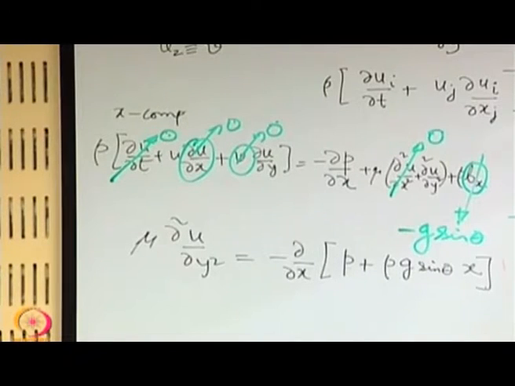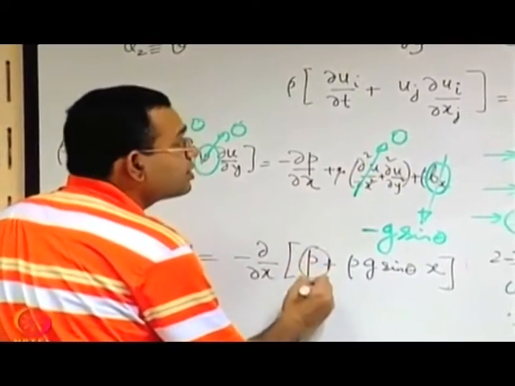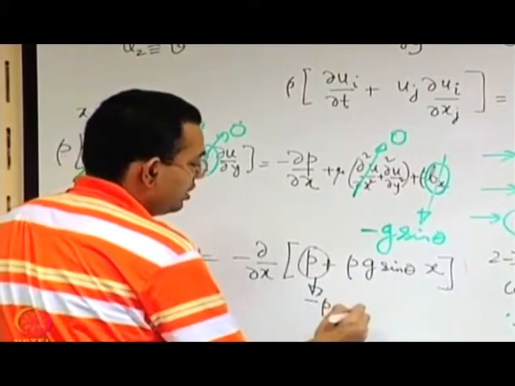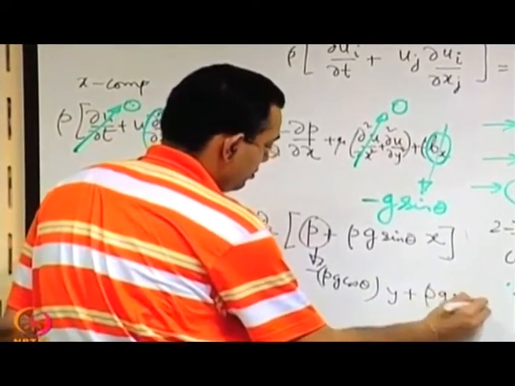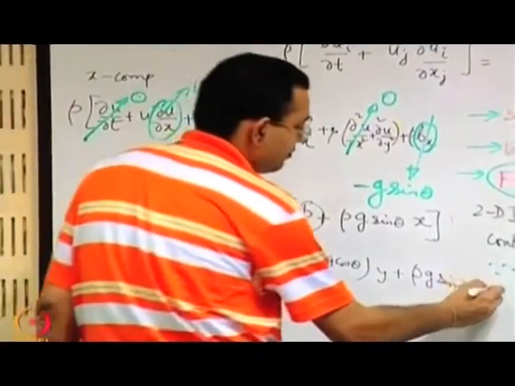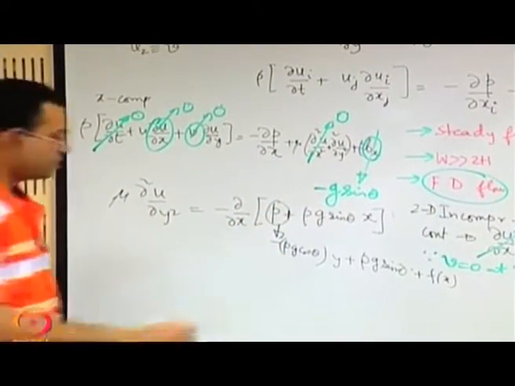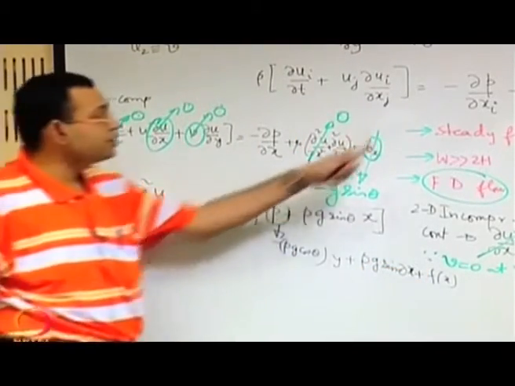Okay, this is what we can write. So P has what? P is minus rho g cos theta y plus fx, right, plus rho g sin theta x plus fx, that is by substituting p from there.